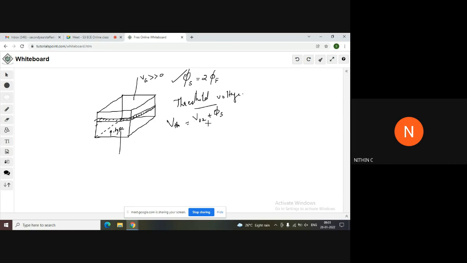So you can write VTH, the threshold voltage, is equal to VOX plus phi S, the surface potential.